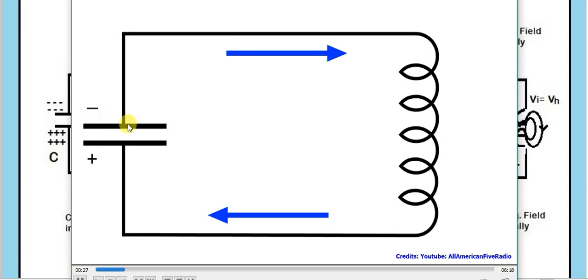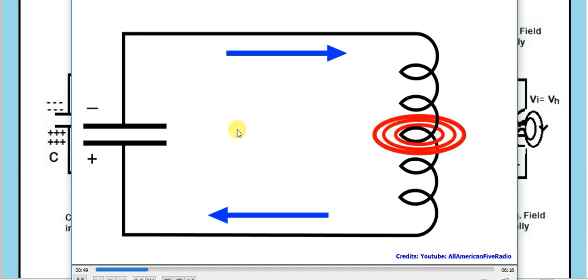So this negatively, completely full charged capacitor is drained. Now this electron movement shows discharge through the coil, and you see the expanding magnetic field occurs.